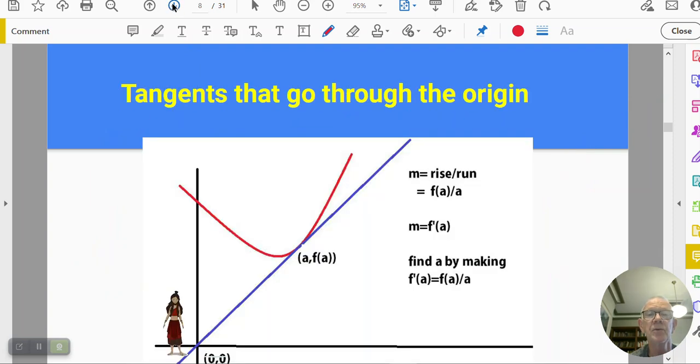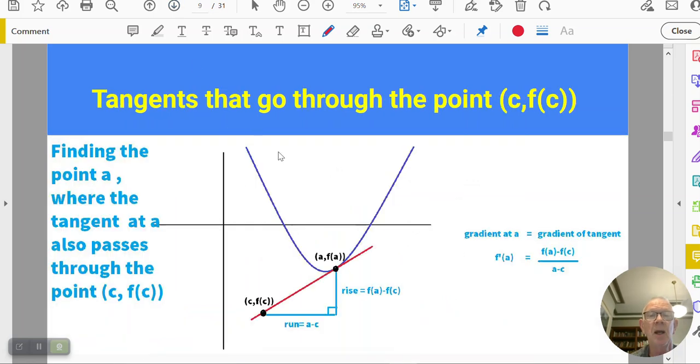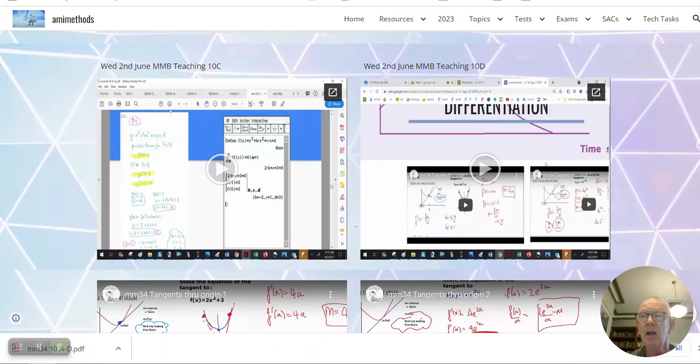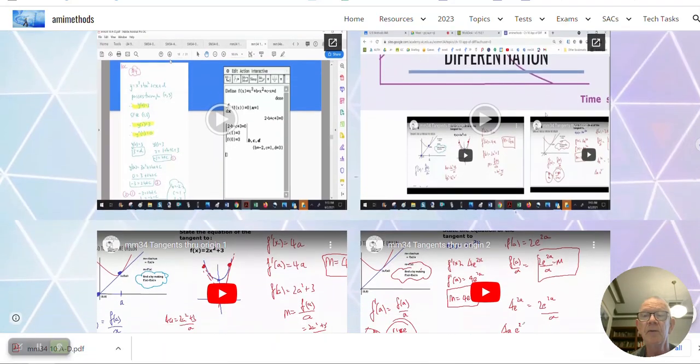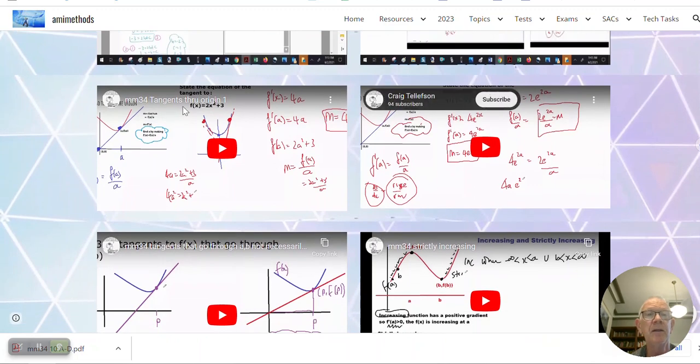And there are nice rules that can be used. That's what we do if it goes through the origin, and that's what we do if it goes to another point. And can I remind you that on the website, I have 3 videos down here, tangents that go through the origin 1, tangents that go through the origin 2, and tangents that go through another point that you might like to look at.